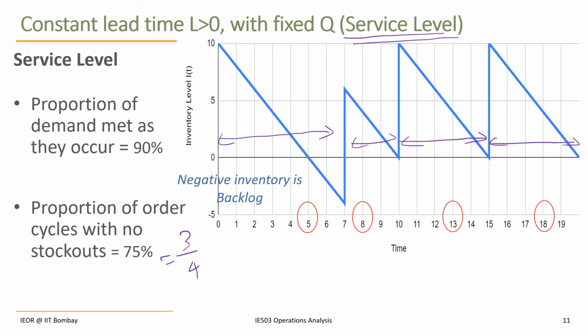Now, let's look at the first one, the proportion of demand met as they occur. For this example, you can see that inventory level goes up to 10 and demand rate is constant.